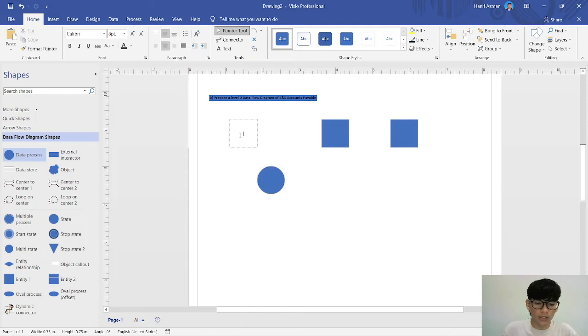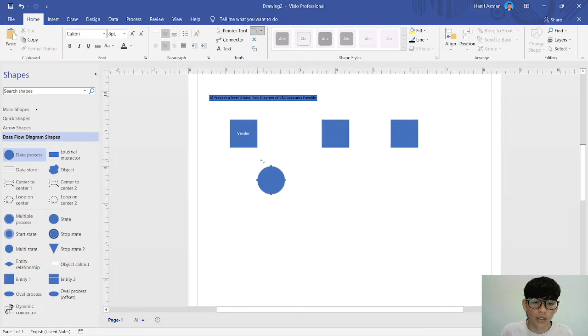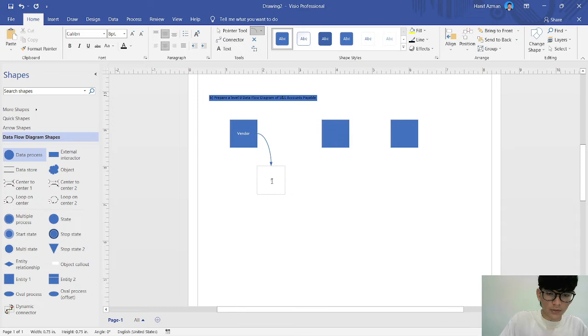The first is the vendor. The vendor sends an invoice to 1.0 accounts payable.